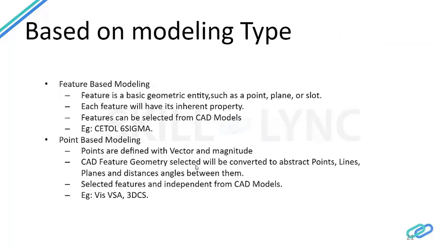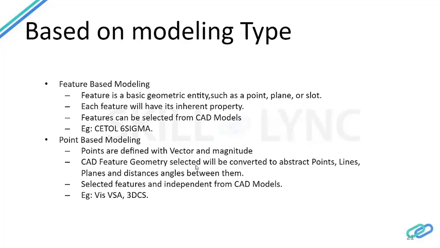Here, as I mentioned, there are two basic methodologies used by these 3D analysis softwares. First, feature based modeling. In feature based modeling, each and every feature is defined. For example, a point, a plane, a hole, a slot will be predefined in the software, with predefined degrees of freedom and constraints.